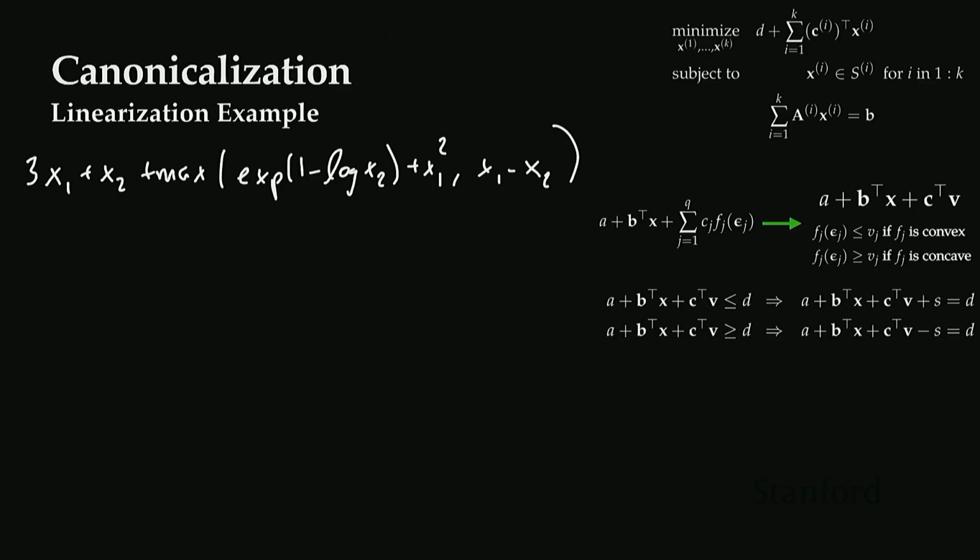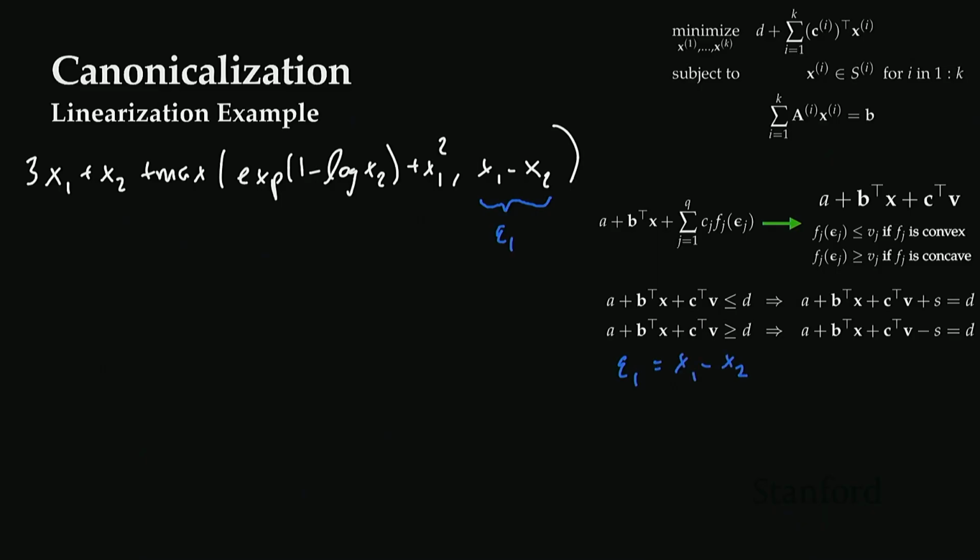The other thing we'll do here is whenever we have an affine expression, we'll introduce a new variable and set it equal to that affine expression. So whenever we see just x1 minus x2, I'll call this epsilon1 and introduce a constraint that says epsilon1 equals x1 minus x2.